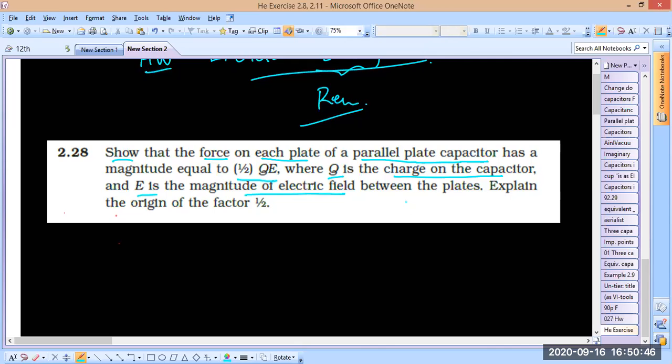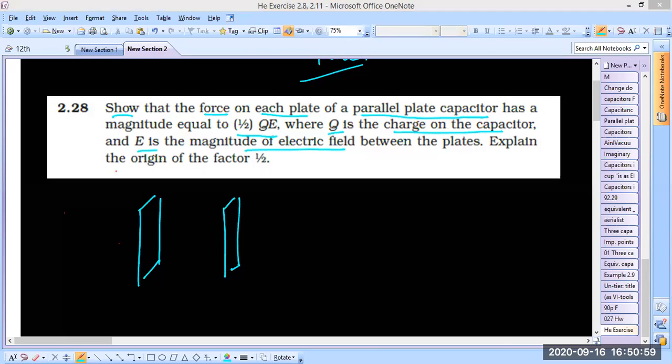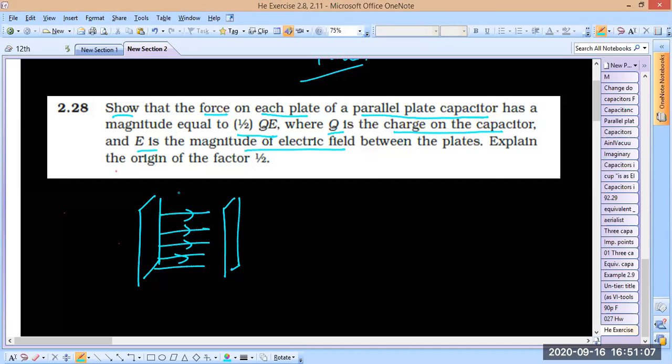So what are they saying? Suppose that these are the plates, and the electric field between the plates is E.